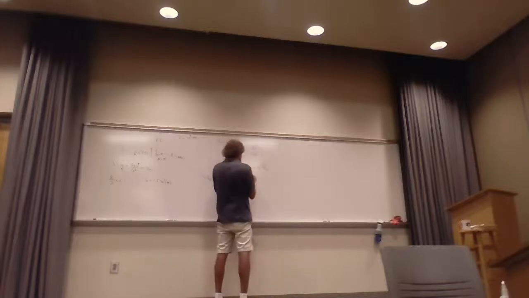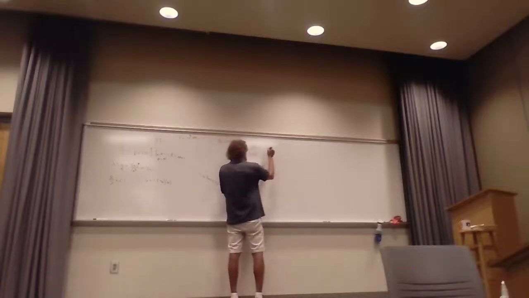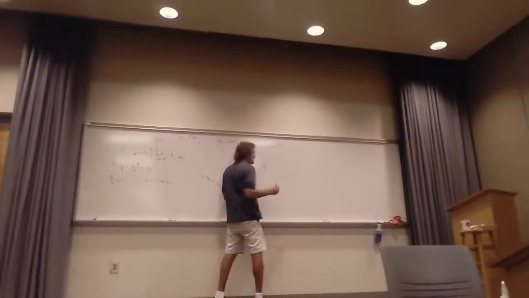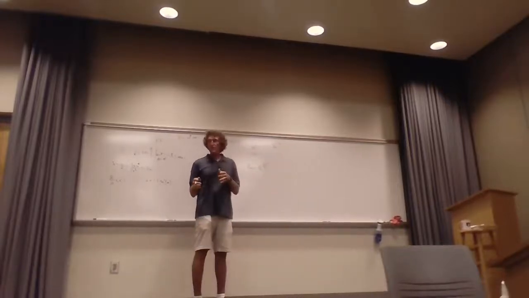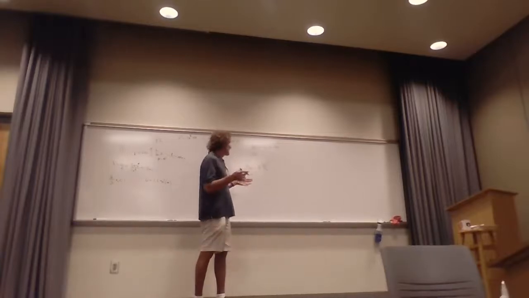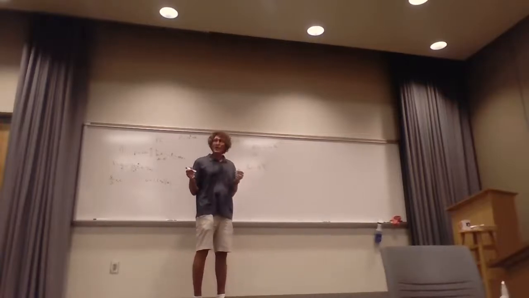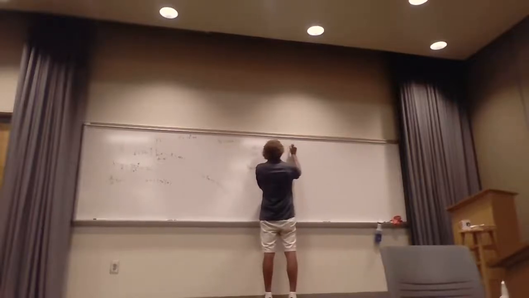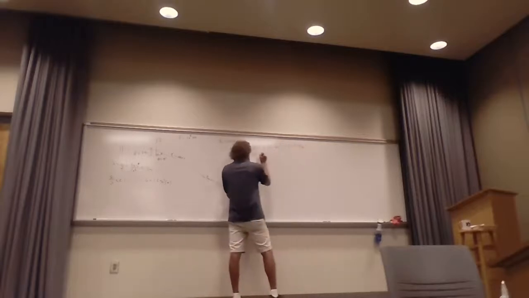And therefore, I can say the magnitude of E is just equal to the square root of 2 eta naught right here times P F. Now, you can do the math on this, but it's straightforward. There's nothing tricky about this. And when you do it, I want to say it's 0.15 volts per meter. You can check me on that. Anybody confirm that? Yeah. All right, so that's just plug and chug.